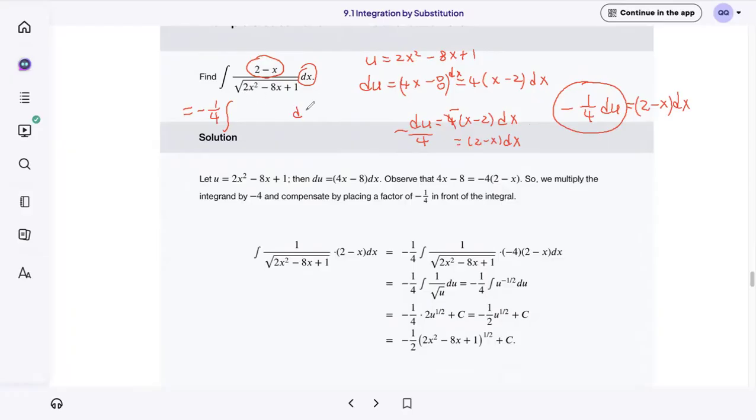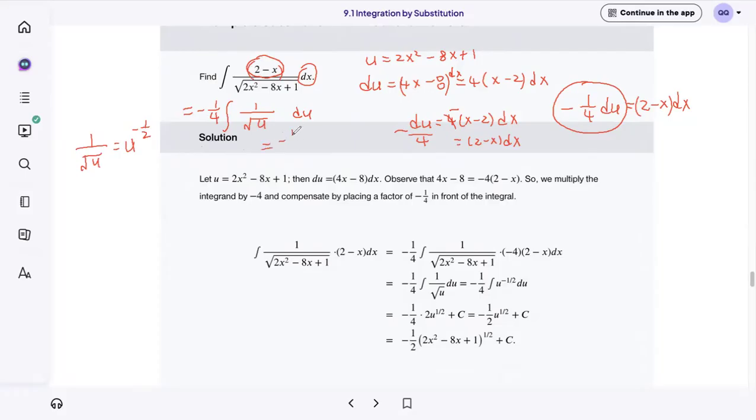Then we have du. So inside, what do we have? We have 1 over square root of u. 2 minus x dx becomes du, including this negative 1/4. Remember 1 over square root of u is u raised to negative half.